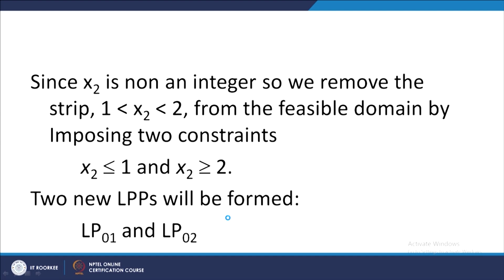Since both these conditions cannot be imposed in the same LP, we will impose these two conditions separately, which will give rise to two different LPs. So, we have two new LPs, which we will call LP01 and LP02.